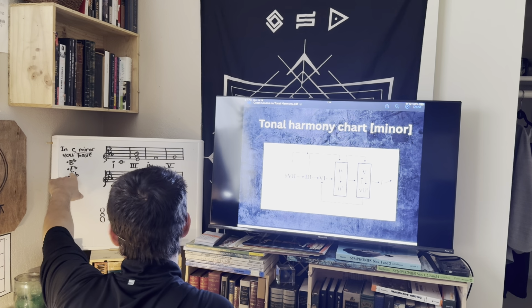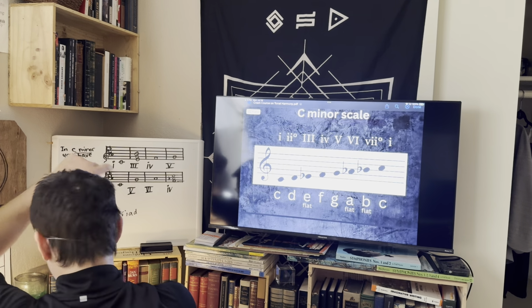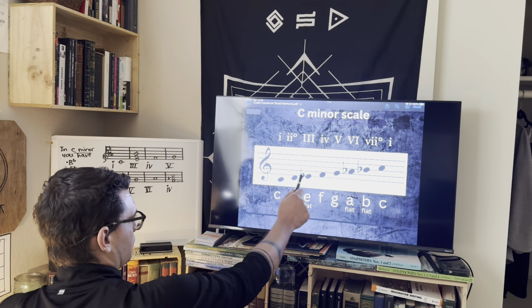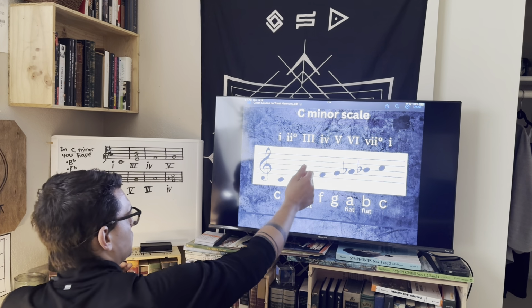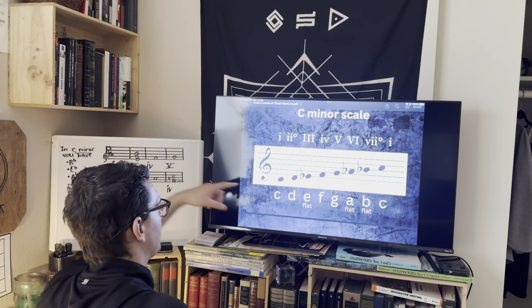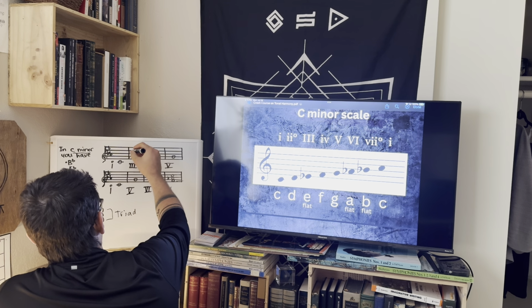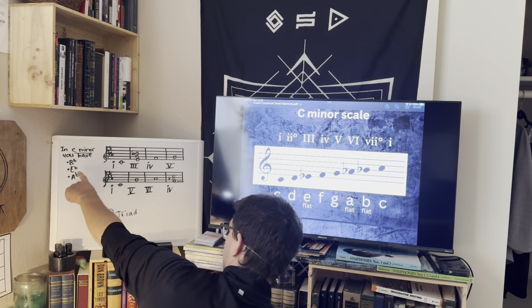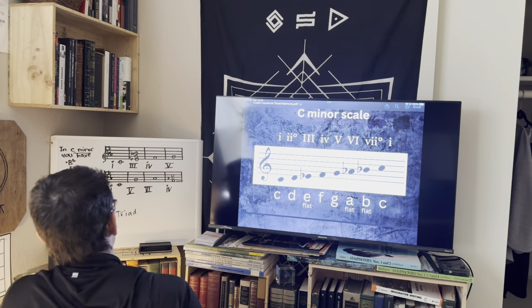That's E flat, the 3rd note of the C minor scale. So when you build a triad on the E flat, like we've done here, E flat, G, and also remember that the B is going to be flat as well. We've got a B flat as well. So let's label both of those.